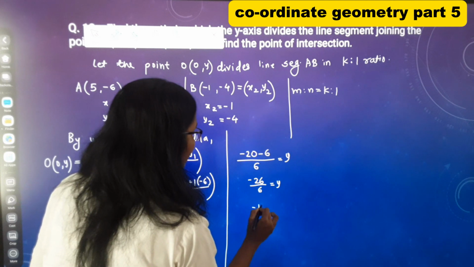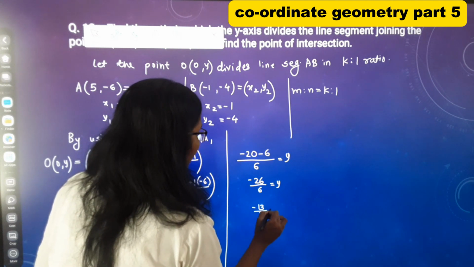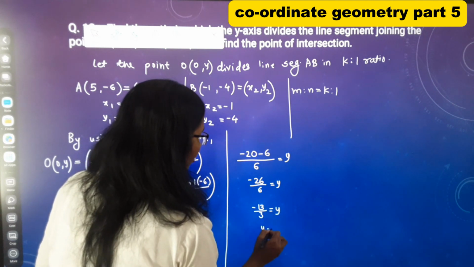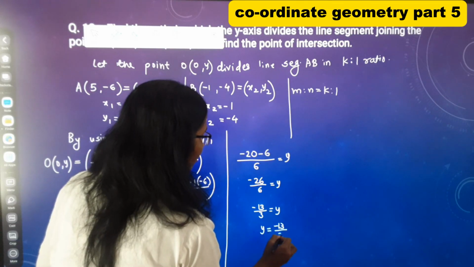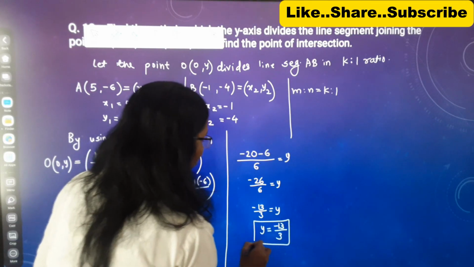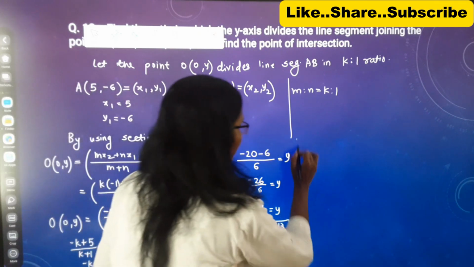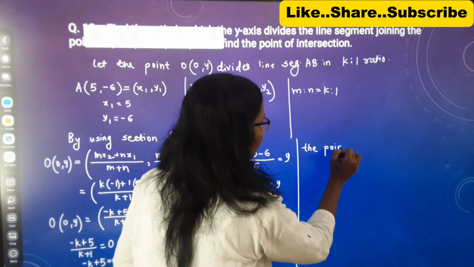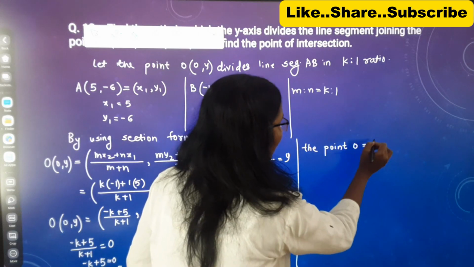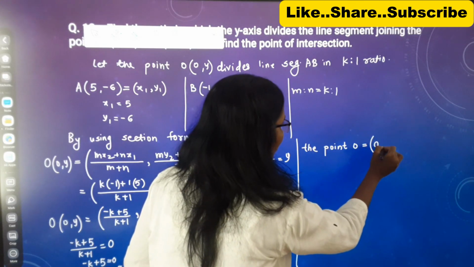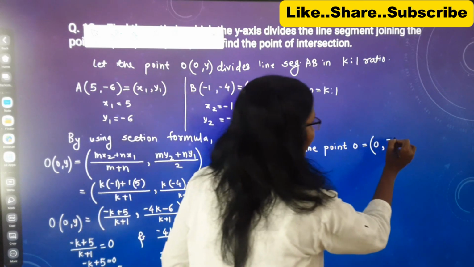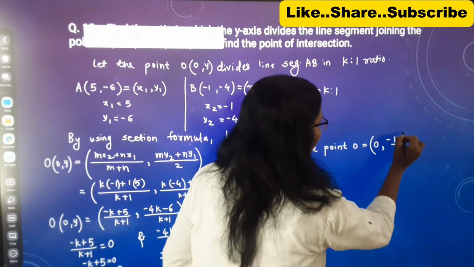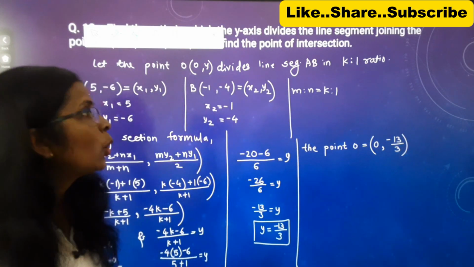So -26 upon 6, which is -13 upon 3. So y is equal to -13 upon 3. Okay, so the point O has the coordinates (0, -13/3).